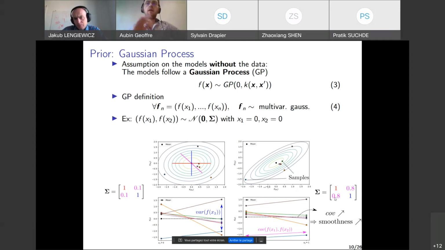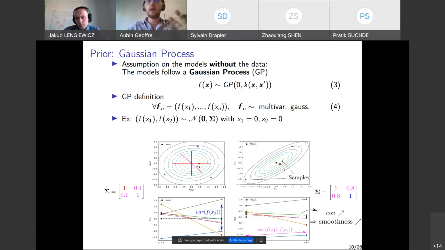I won't dive into much detail, but what you have to see is that the diagonal terms correspond to the variance, so basically the amplitude of the points of the function, and the off-diagonal terms correspond to a covariance, so the interaction of both points.